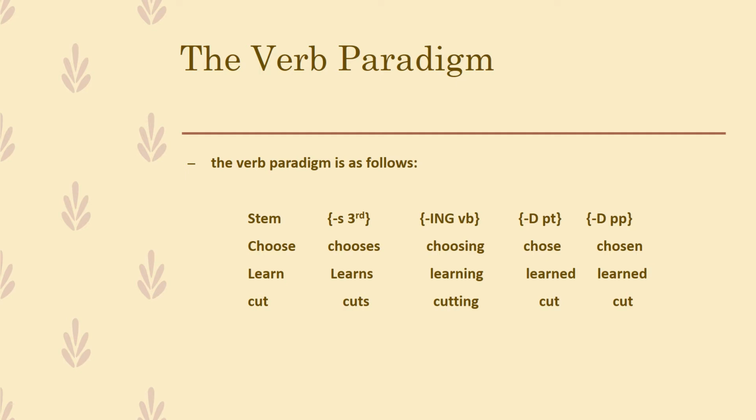However, with the past tense and the past participle, the form is totally the same as the stem. So the stem, the past tense and the past participle, all three are considered as one form. So here we have only a 3-form verb paradigm with cut.